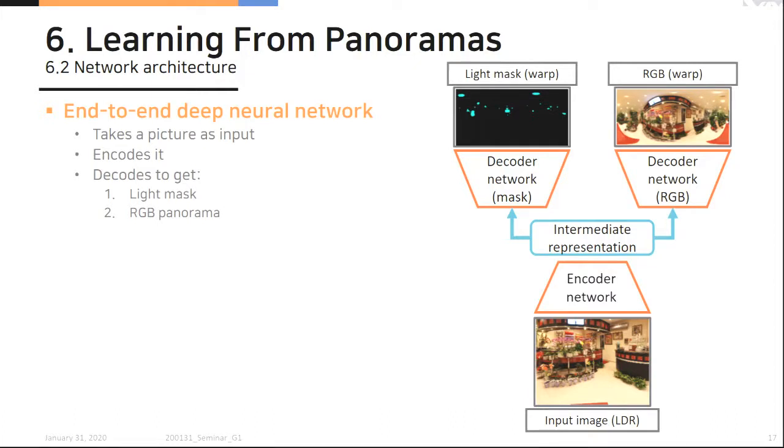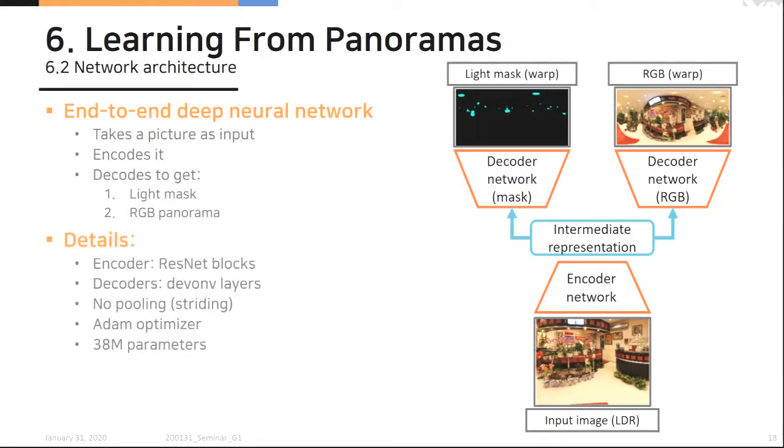The details about this network: for the encoder, they used ResNet blocks. For the decoders, they used deconvolution layers. No pooling, striding, Adam optimizer, 38 million parameters. A lot.